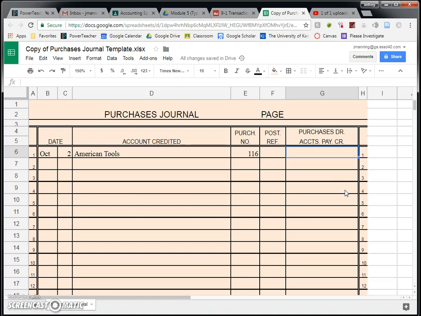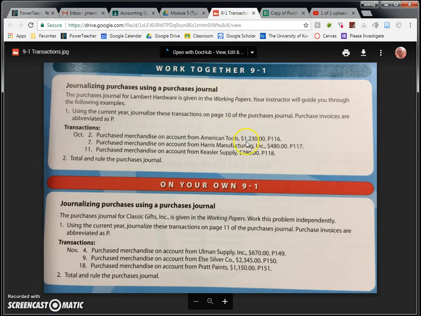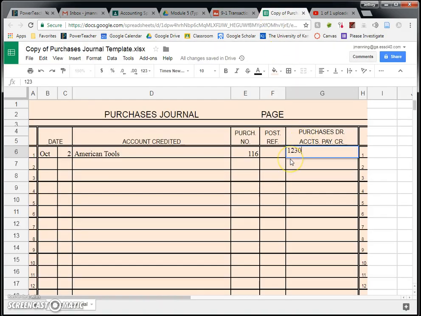But the really nice thing about the purchases journal is they always use the same debit and always use the same credit. The purchases account is always the debit, so that's what that DR stands for, debit. And accounts payable is always the credit, so that's what the CR stands for. So accountants only use one column because they are going to use the same number for both accounts. And it was $1,230, so I'm going to put $1,230.